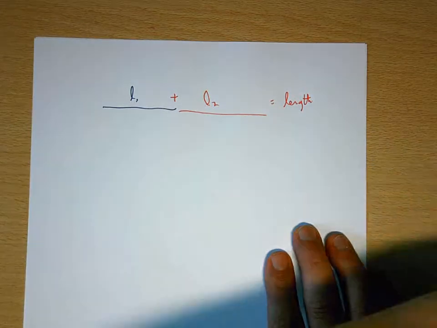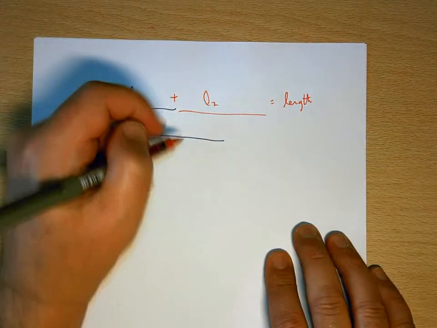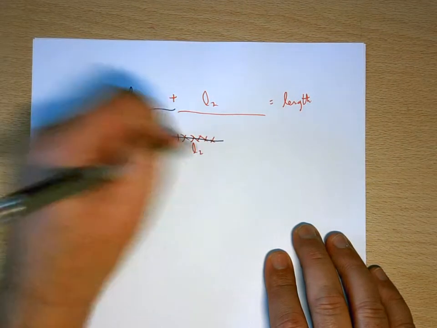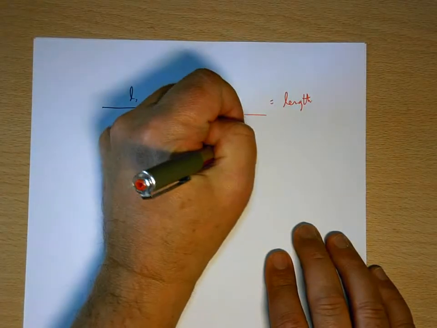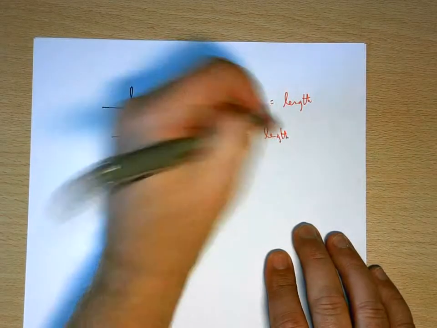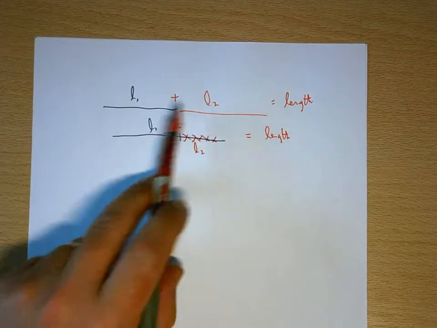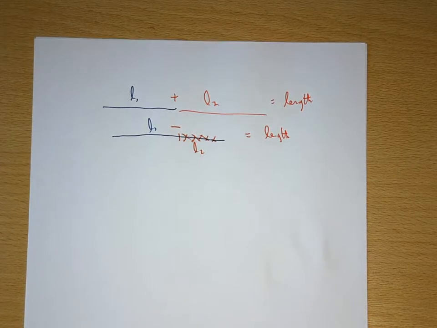If we had a length and we subtracted a length from it, we still end up with a length. So any formula where we're just adding or subtracting lengths is just going to give us a length.